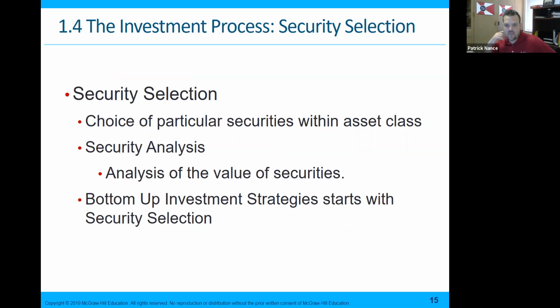So choice of those securities within those asset classes. And so we have to look at the securities themselves and see what the value of those securities are. So a top down starts with assets and then goes into the security analysis, and a bottom up starts with security analysis and then backs into their asset allocation.